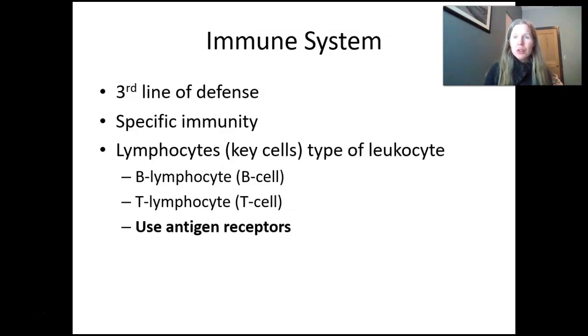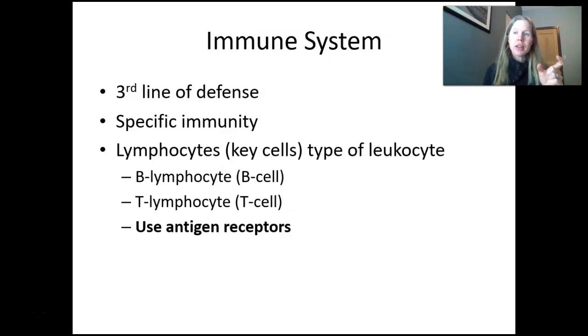The key cells that work in this system are the lymphocytes. Now remember, all of our white blood cells together are called leukocytes, but just the B lymphocyte and T lymphocyte are the lymphocytes. So keep lymphocytes and leukocytes straight there. Lymphocytes are unique in that they have a special protein on their surface called an antigen receptor.